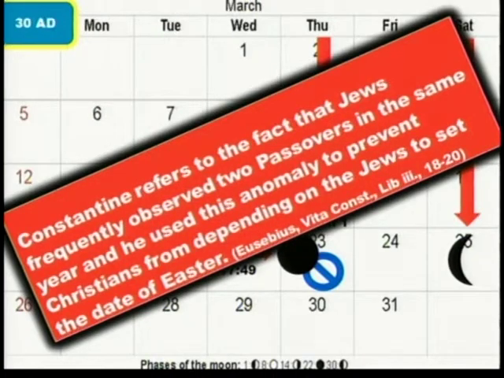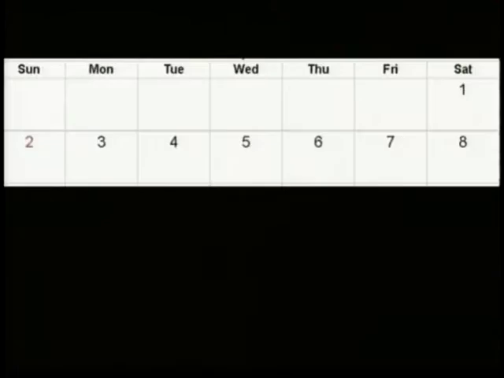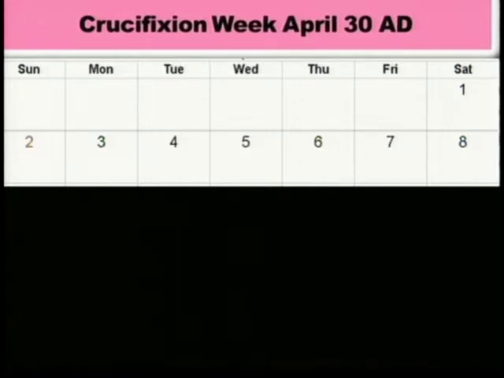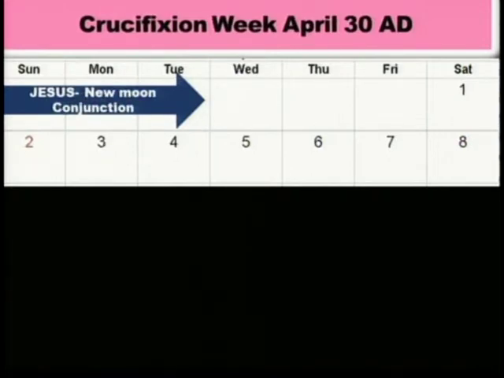Now, this is the month of March in 30 AD, and we're going to just flip over to the beginning of April, continue on in the days, and this becomes Crucifixion Week in April 30 AD. So Jesus is observing the Passover according to the new moon conjunction.